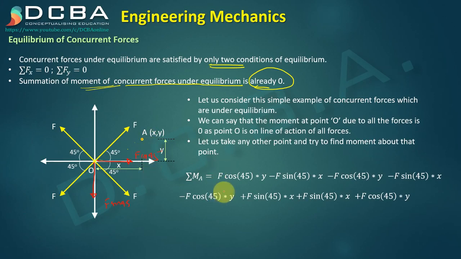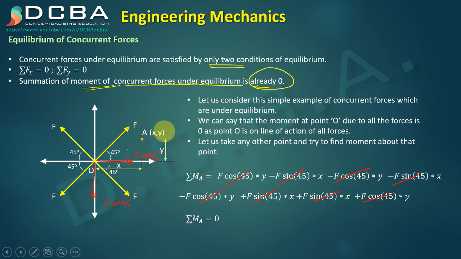Now you see, this F cos 45 into y gets cancelled, then this and this get cancelled, everything gets cancelled, and we get summation of moment at A equal to 0. As I already told you, for any concurrent force system under equilibrium, the summation of moment at any other point is already equal to 0.